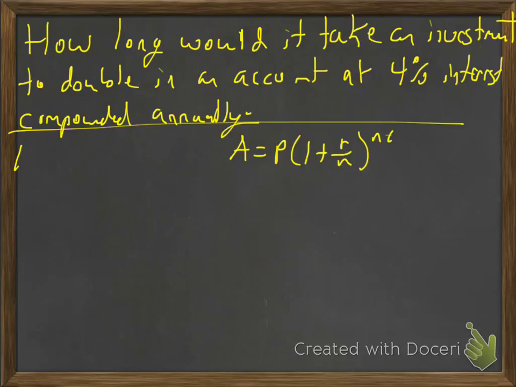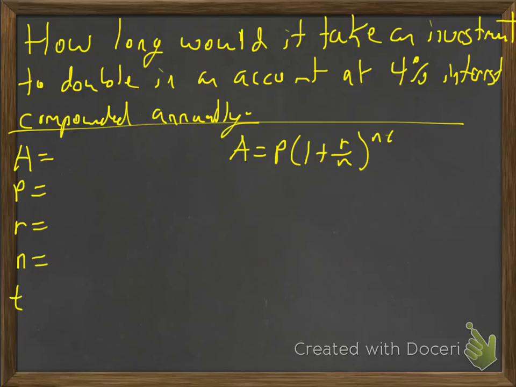Okay, so I'm going to write down the A, the P, the R, the N, and the T. If you want to pause the video for a moment to try to plug in everything that you know, go ahead and try that. I'll give you a hint. You can just let the P equal P and think about what the amount would be.